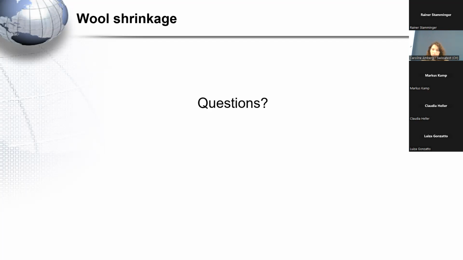But probably many have not started yet with the procedure, and so questions may come when you are doing the round-robin test. But I think you answered all the questions already. It was a very good presentation. Are there any questions or comments on wool measurement, performance measurement, shrinkage measurement, gentleness?